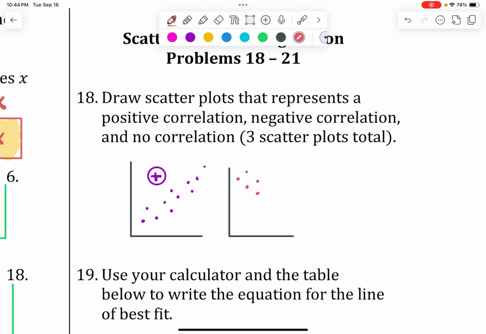Negative correlation is if you have dots, it's still a scatter plot, but your eye naturally follows a negatively sloped line. That's negative correlation. And then of course we have no correlation, right? And that literally just means that your dots are all over the place. My eyeball does not go in an increasing or decreasing manner, no matter what.